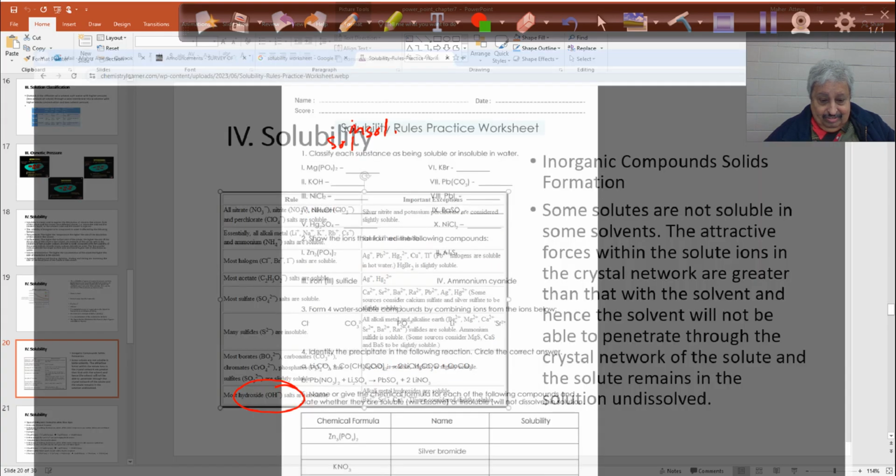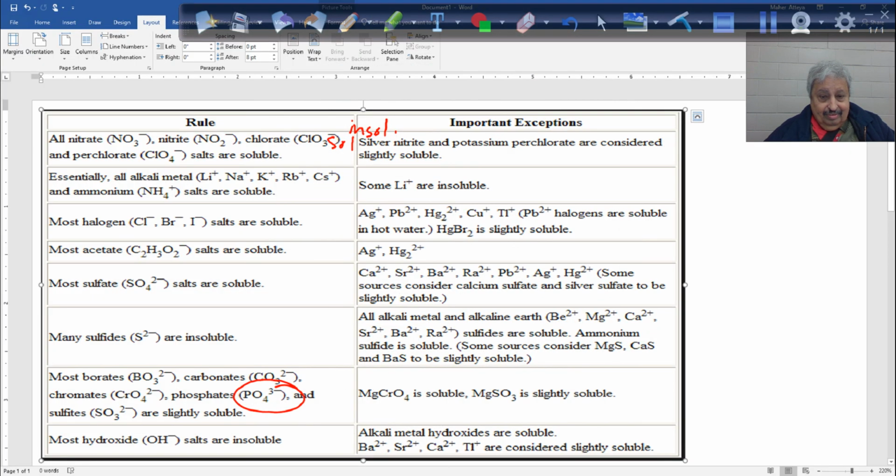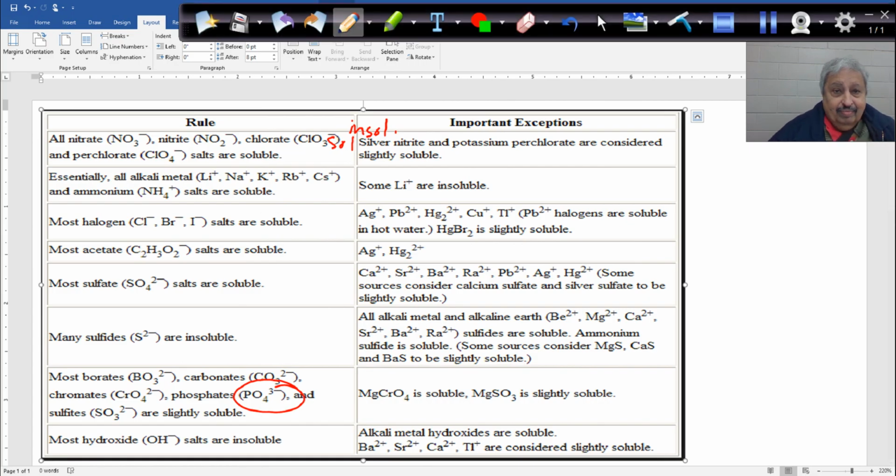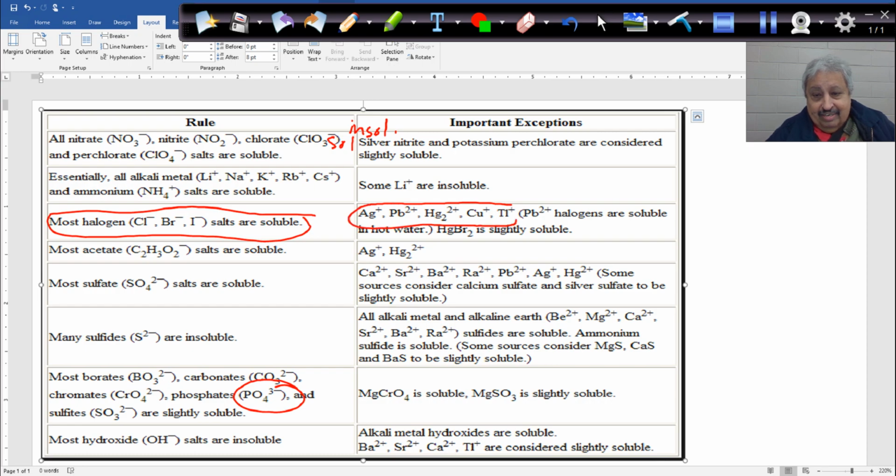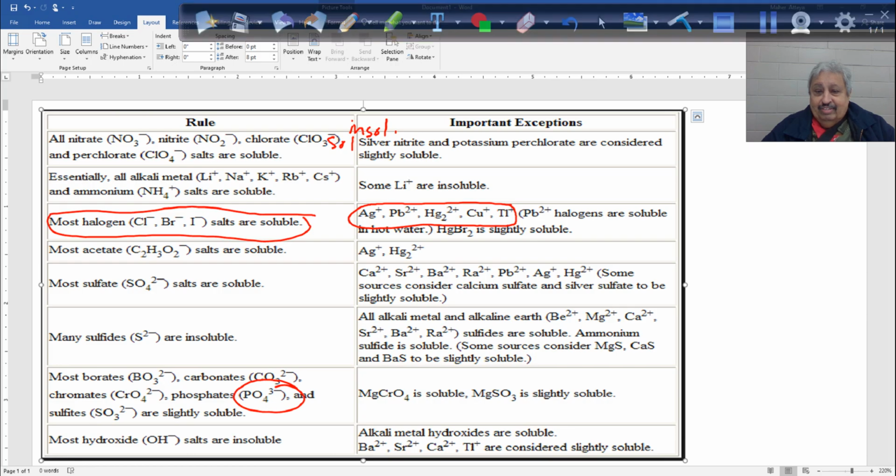So here they are. That's always soluble, except when they connect themselves to those cations. So those are not soluble. But nickel is not an exception. Nickel will be soluble. So you get the idea.